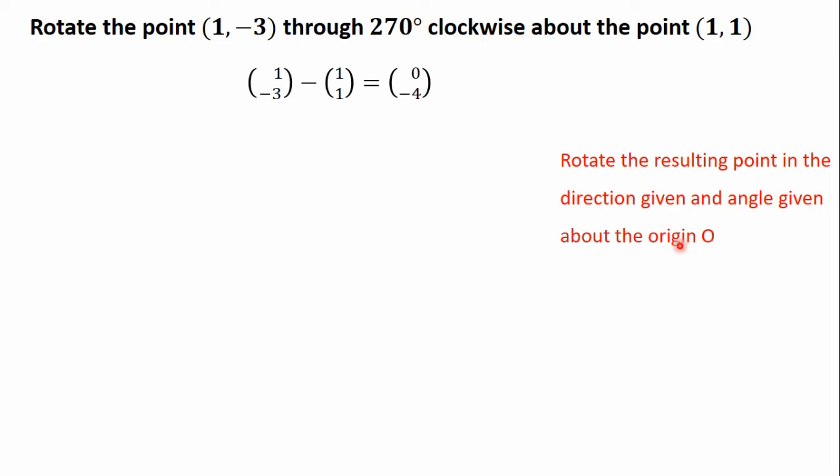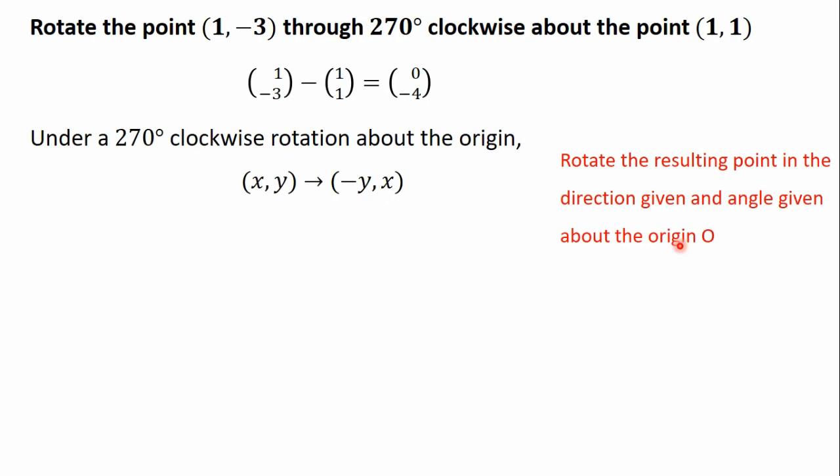We have already learned how to do this. We know that when a point is rotated 270 degrees clockwise about the origin, the transformation is (x, y) maps to (-y, x). So we are going to use this transformation to rotate the point (0, -4).